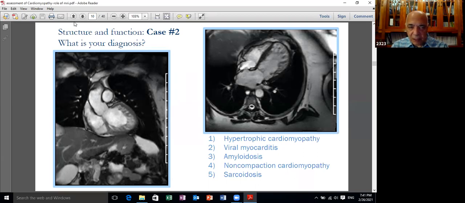Obviously, it differs slightly in infancy, childhood, and adults, but whether this is a specific cardiomyopathy that results in a specific outcome is not well established, but the presentation can vary from completely asymptomatic up to sudden death.